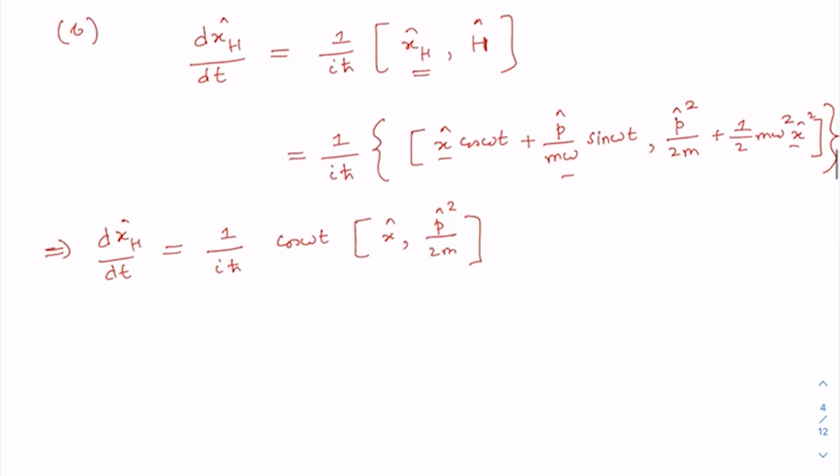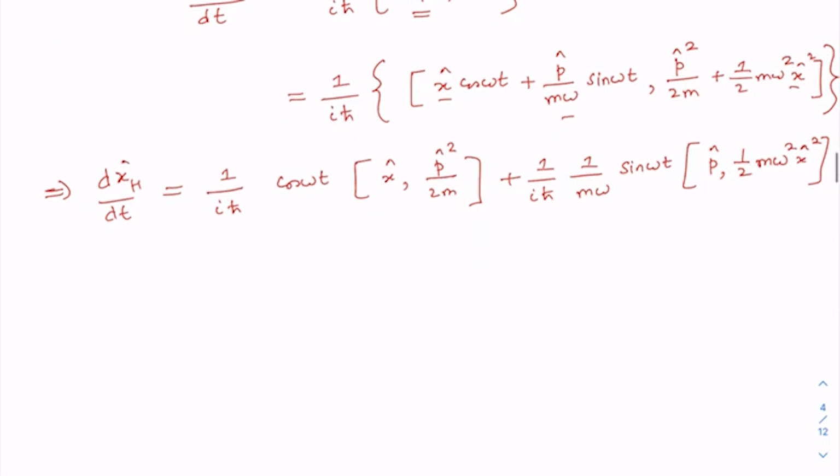And the other term that I have to deal with is 1 by i h cross, 1 by m omega sine omega t, and you will have here p half, I could have taken that also out, but anyway, m omega squared x squared. So anyway, if you do the mathematics, it is very straightforward, you can do it.